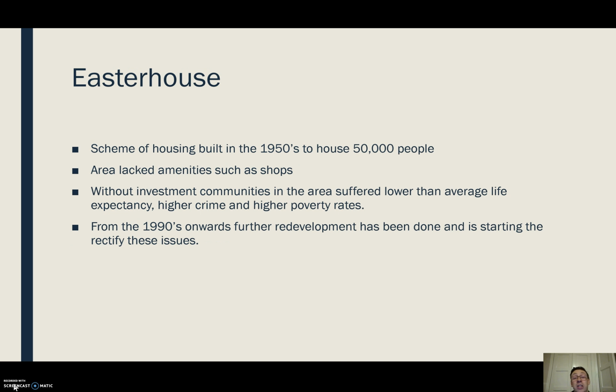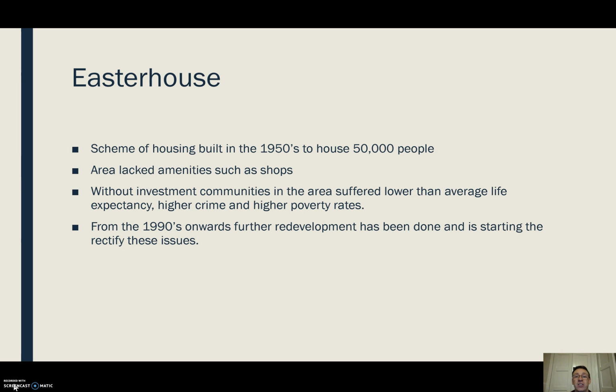Easterhouse is an example of one of these areas that we've built in the urban fringe, and we're talking about, in the 50s, trying to house 50,000 people. It lacked amenities in a massive way. You've got all of these people and you don't have enough services like shops, schools, all the rest of it. And without the investment that this community needed, you see life expectancy drop, you see poverty rates rise, you see crime rates rise, you see social isolation rise, you see substance abuse rise as well.